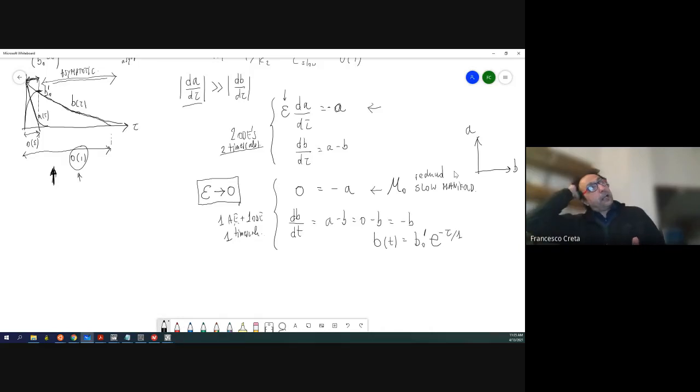Now, you may not know this, but you've already done this many times. In all sorts of aspects of physics, you have equations that have small numbers multiplying terms in your equations. I will give you one example that will also explain why the fast timescale is called a boundary layer.